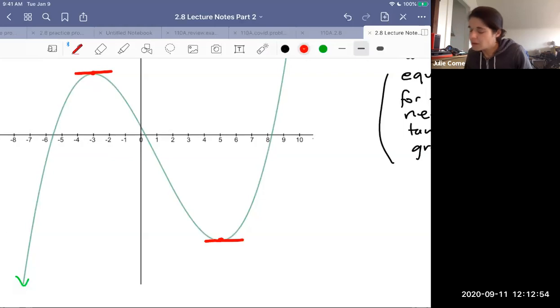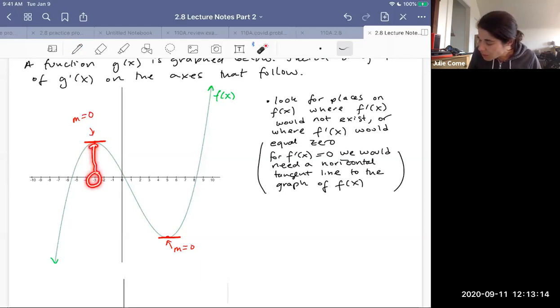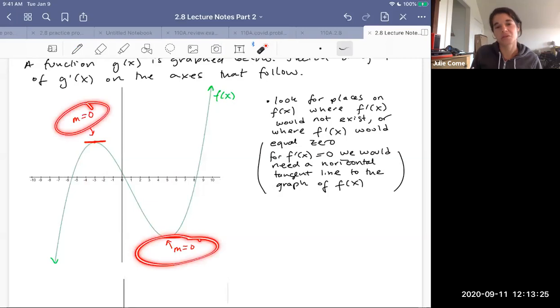And what I can see is that with each of those tangent lines, m tan is equal to 0. What's that going to mean? It's going to mean that on the graph of the derivative of this function, whenever x is -3, or it looks like 5, the height of the graph of the derivative function will be 0, because the height corresponds to the slope on this function.